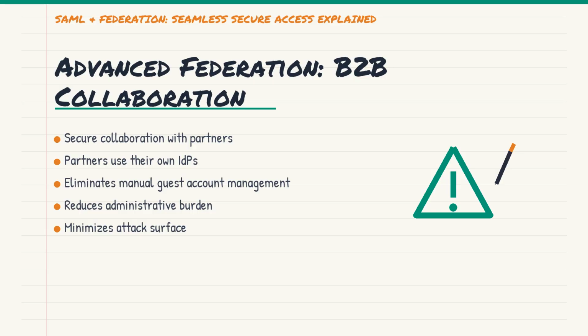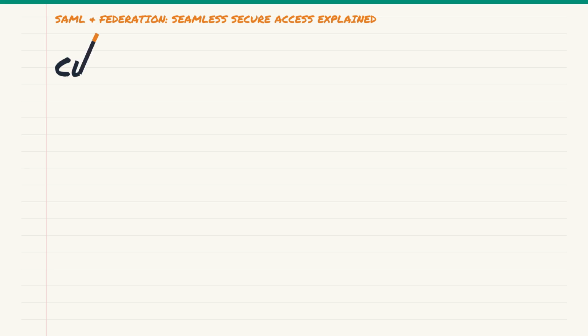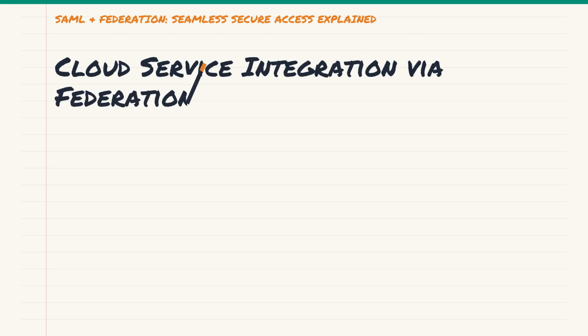This is key for efficiency and security. Instead of creating guest accounts for every partner employee, you establish a SAML trust, and they log in with their company credentials. This minimizes administrative overhead and reduces the attack surface, as the partner is responsible for the lifecycle of their own user accounts.